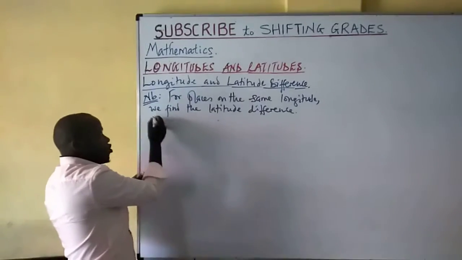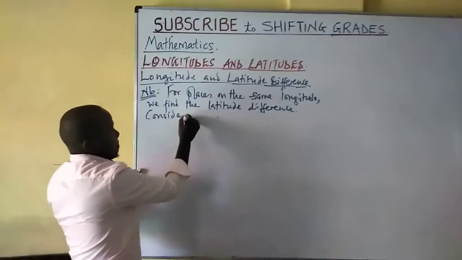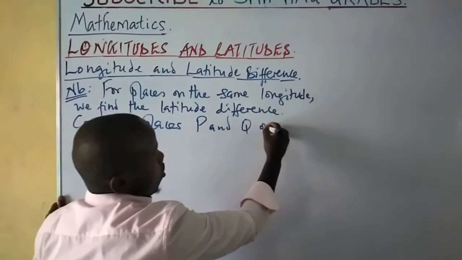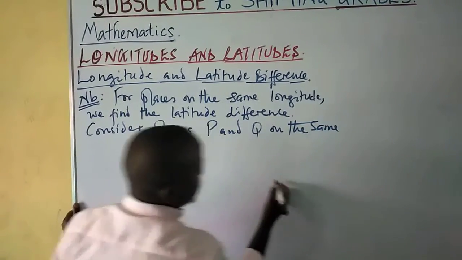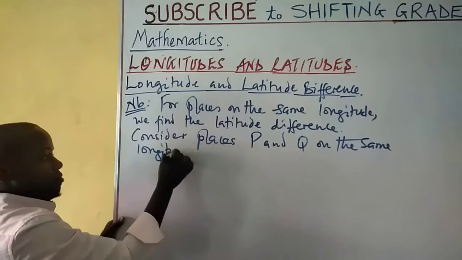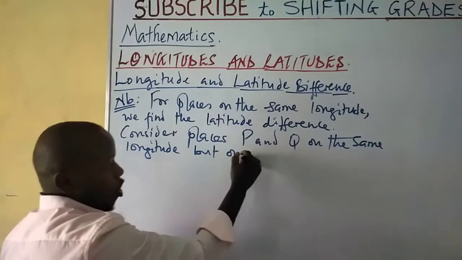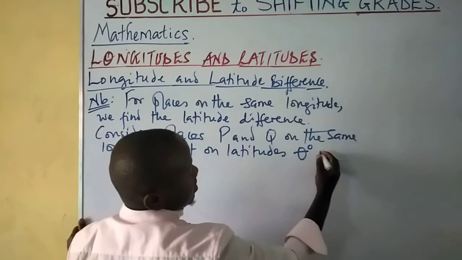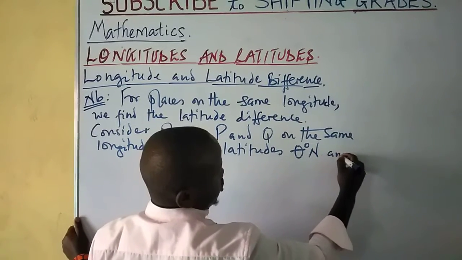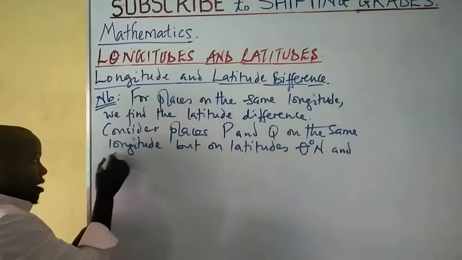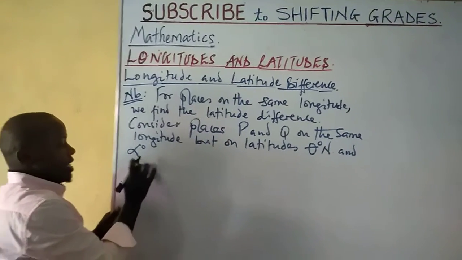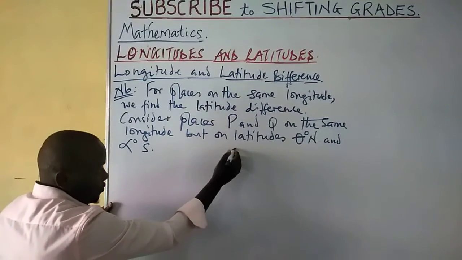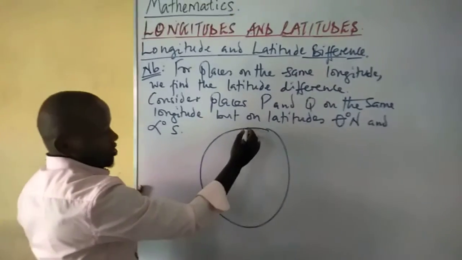When we have two places, consider places P and Q on the same longitude, but on latitudes theta degrees north and alpha degrees on the south, like that. Therefore, I try to sketch the two places.